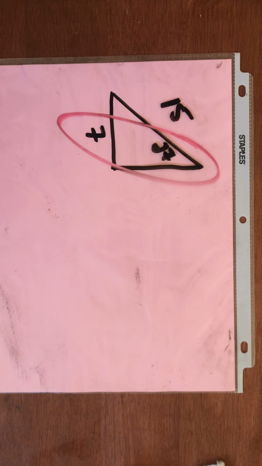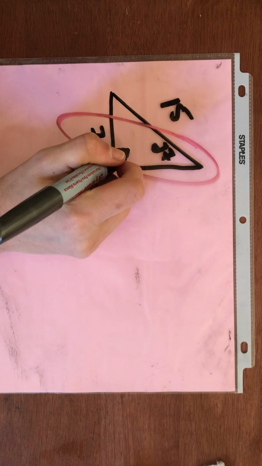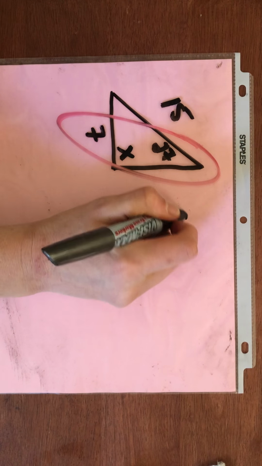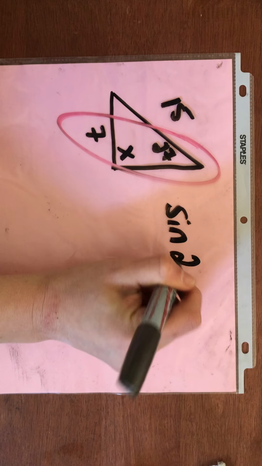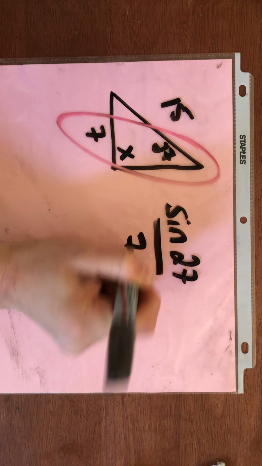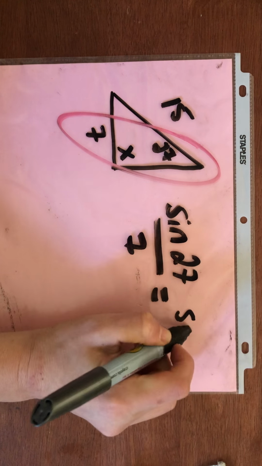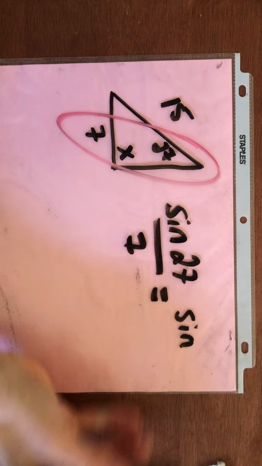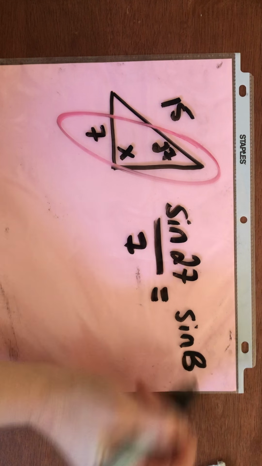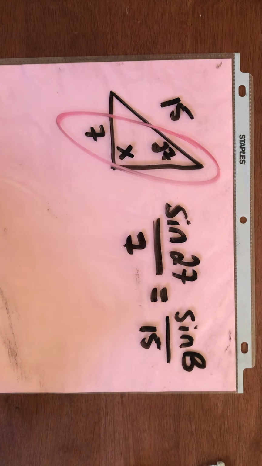That is an angle and a side pair, so we're going to use that. We want to find this angle right here. So we're going to do sine of 27 over 7 equals sine of, you can call that B, over 15.